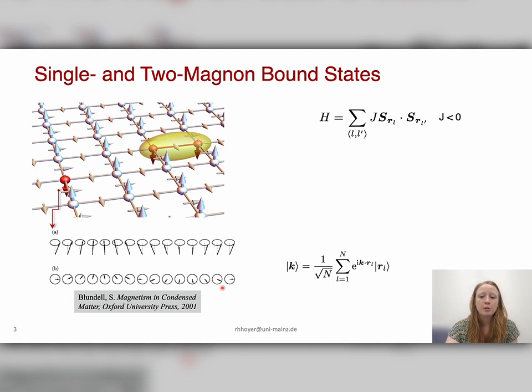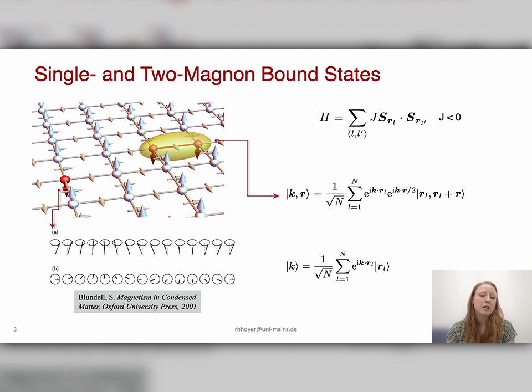If we now add another spin deviation to the lattice, we call that a 2 Magnon state. This is a superposition of many such double spin deviations. We can describe them in a similar way to the single Magnon state, with K as the center of mass momentum and R as a relative distance between the flipped spins in real space. Now, if two Magnons are close to each other, the energy penalty to flip those spins is lower than when they are far apart.